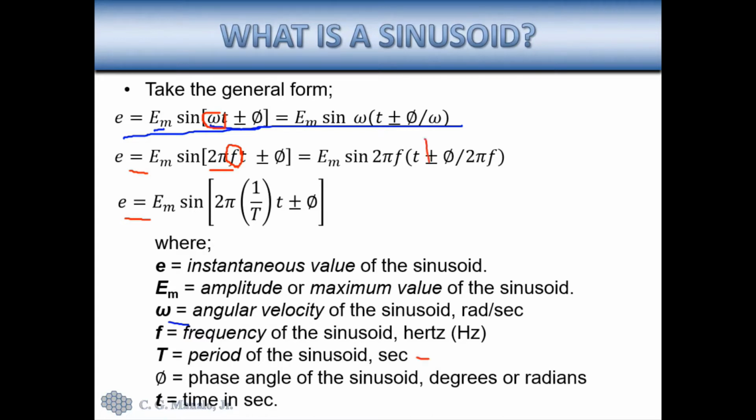Now, take note, a sinusoid is a sine function or a cosine function, and this function is a periodic function. So it keeps on repeating every period. Period is defined as the length of time it takes for the function to make one cycle.